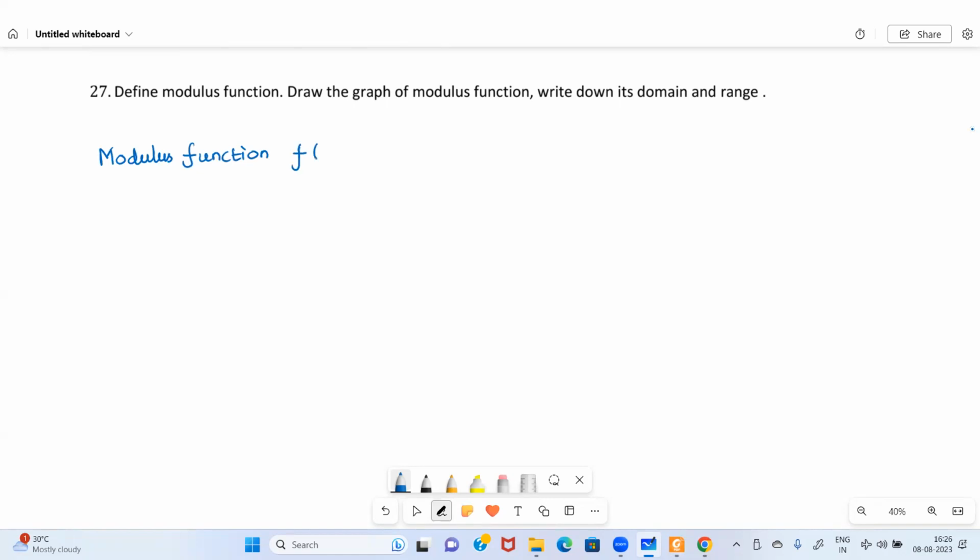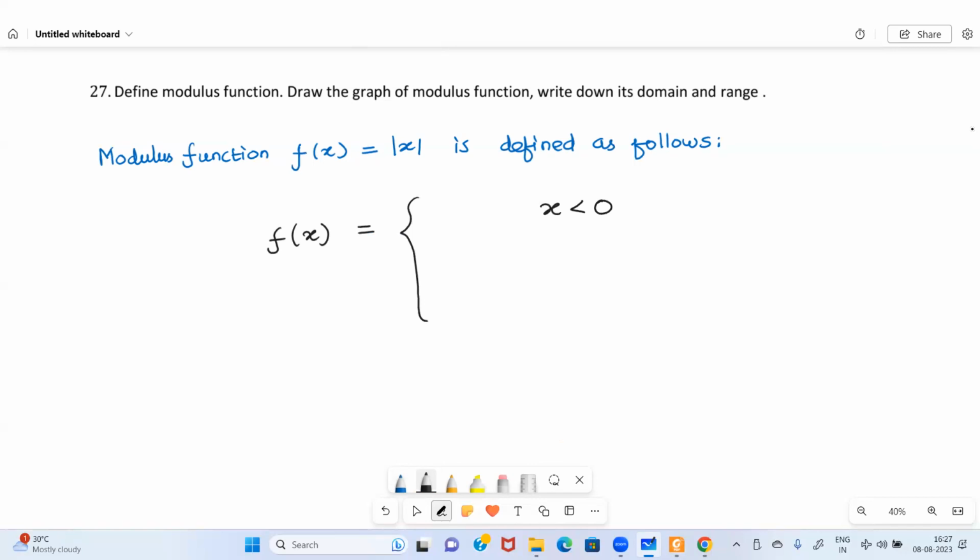Modulus function f of x is equal to mod x is defined as follows. F of x is equal to minus x whenever x is less than 0.